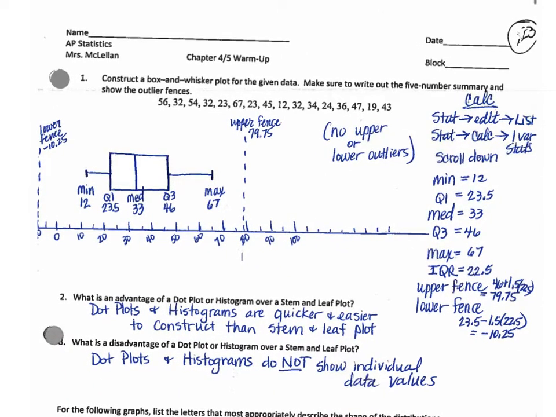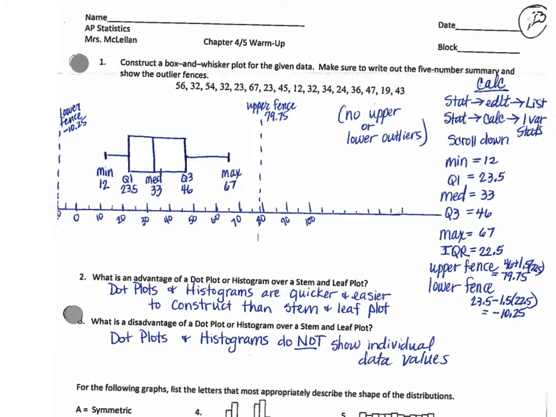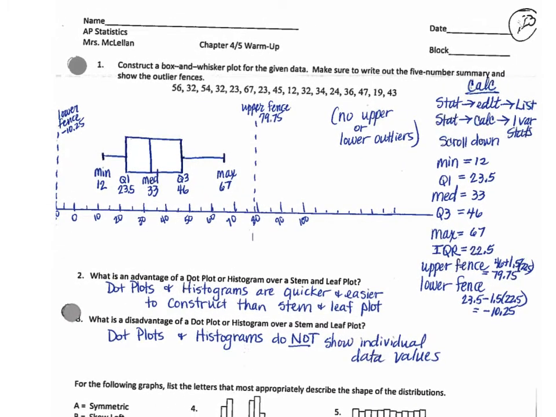So everybody look on the side board. Those are the items that I will require for you to include on your box plot on your quiz. So let's look at those. I want you to make sure you write down what the 5-number summary is. I'm expecting you to write down the 5-number summary on your quiz.